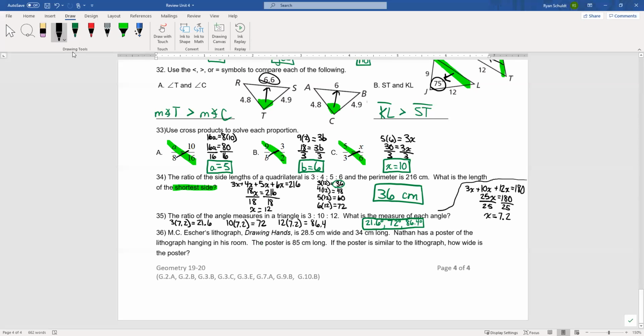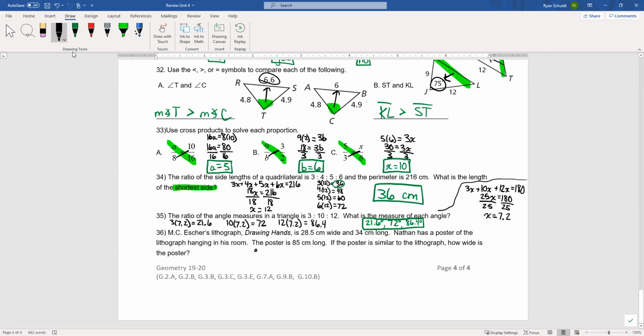Okay, last one. M.C. Escher's lithograph Drawing Hands is 28.5 centimeters wide and 34 centimeters long. Nathan has a poster hanging in his room. The poster is 85 centimeters long. The poster is similar to the lithograph. How wide is it? Well, let's see.